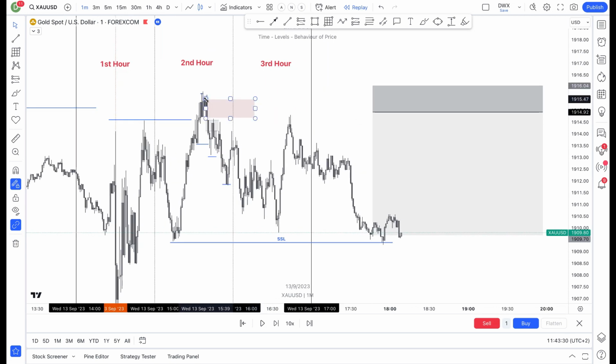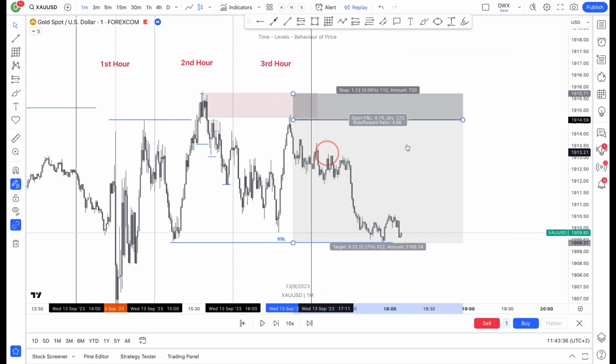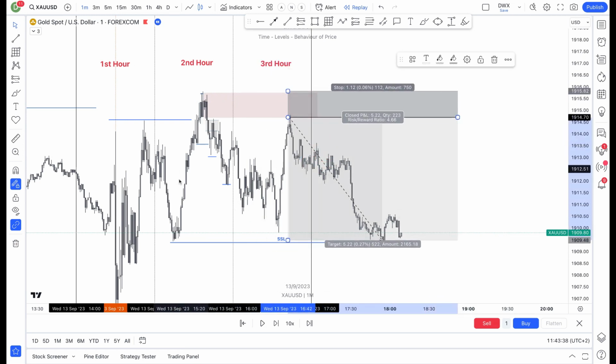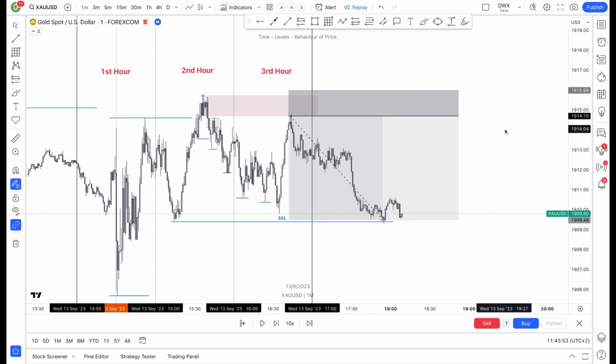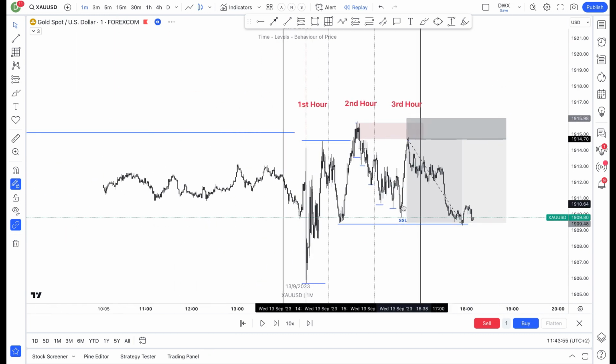So we can still see that this area of supply and demand is intact. We've broken structure towards the downside. So based on the information in the second hour, we can potentially base a trade in the third hour. Price moves into this area. Our key for taking a short here is that price is bearish. We are trading bearish. We're breaking structure lower. And then we have this manipulation almost in the mid, around the mid hour of that third hour.